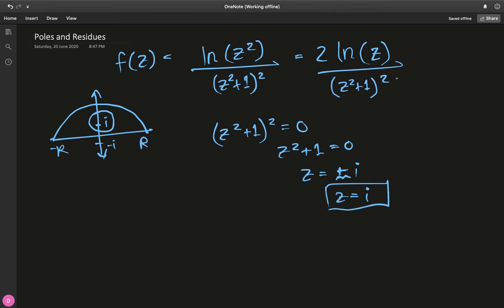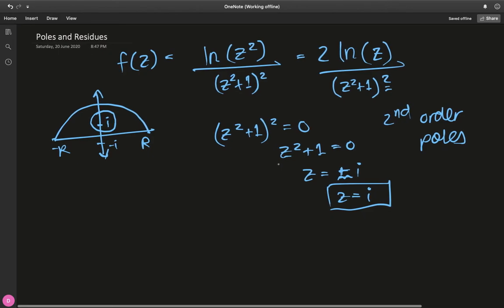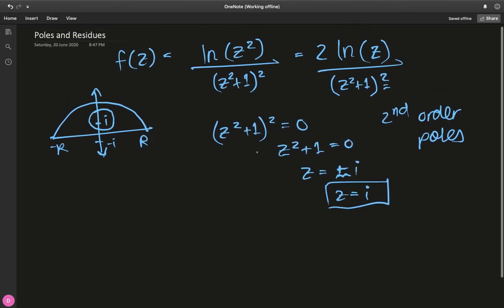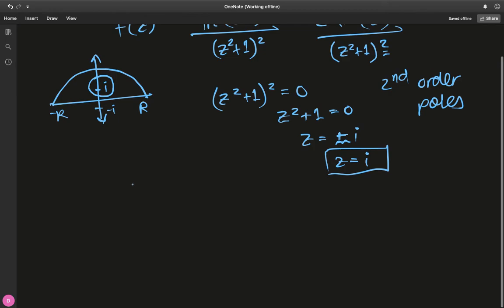And notice the order of the pole. To find the order of the pole, we need to look at this power over here. So it has second order poles, and I'm going to write the general expression to calculate the residue for second order poles, or nth order poles in general.